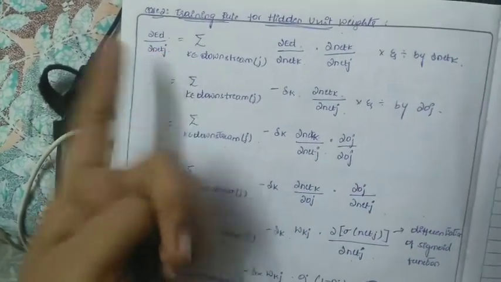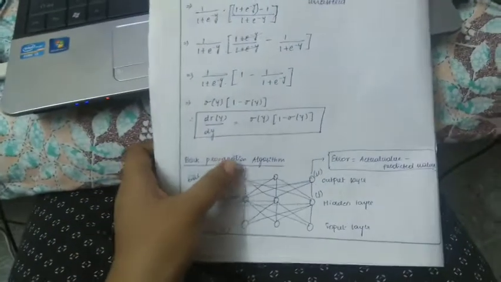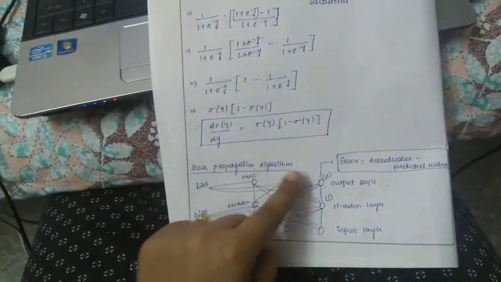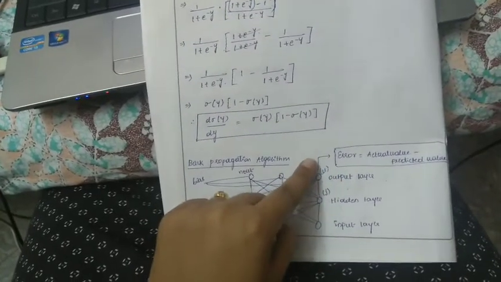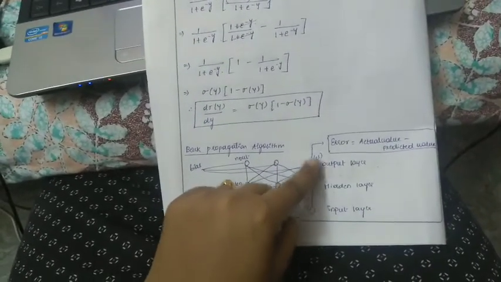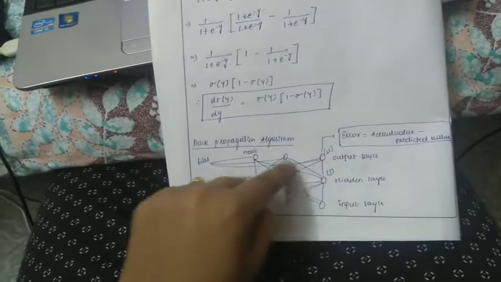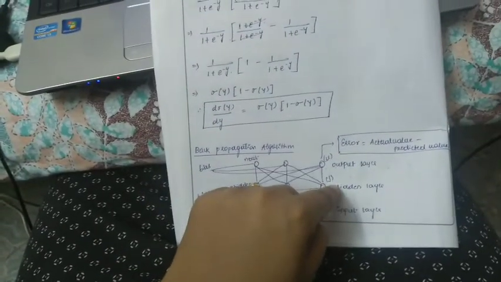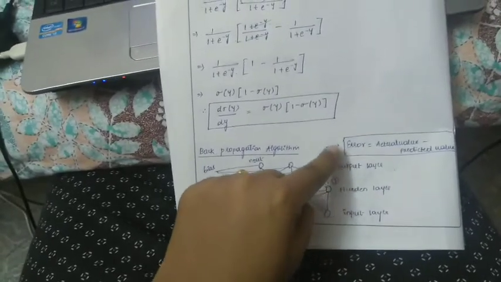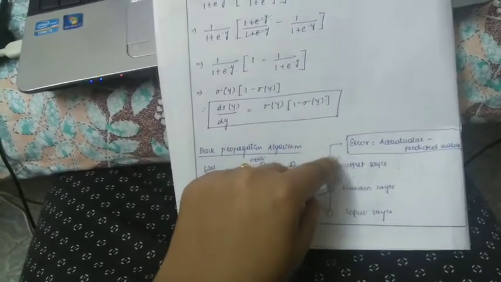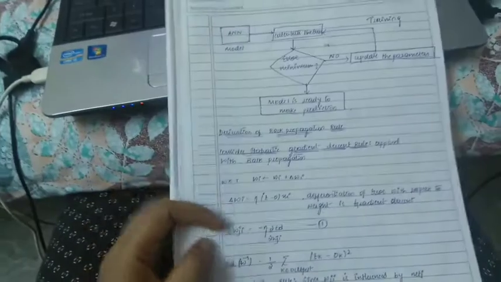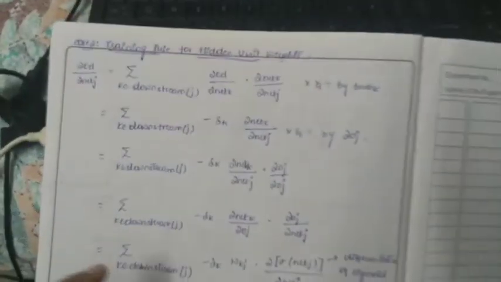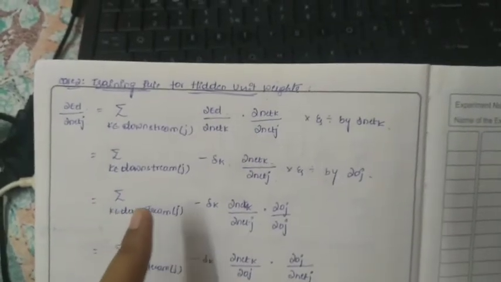Since we are backpropagating, or going downstream, with J as a hidden layer and k output units, we need to multiply and divide by delta net k. That's why I have multiplied and divided here by delta net k.